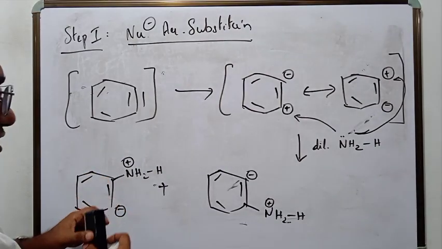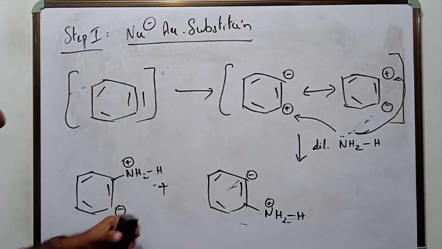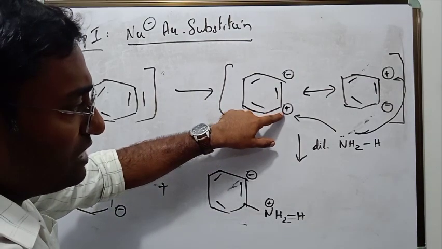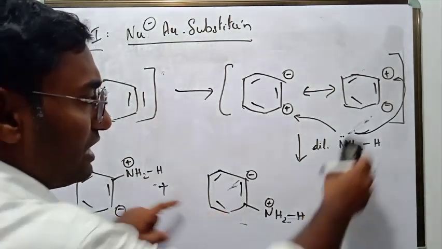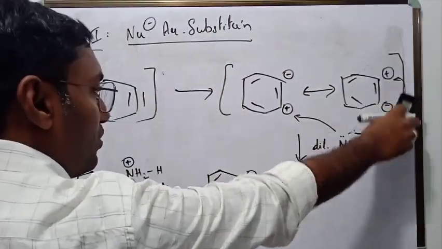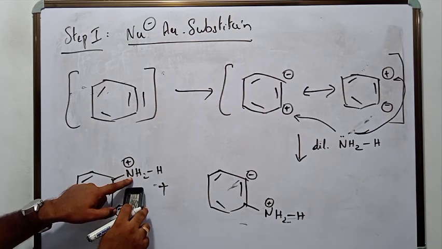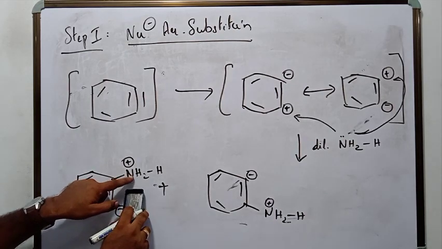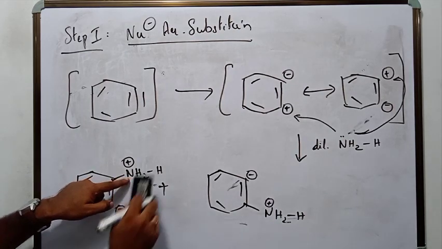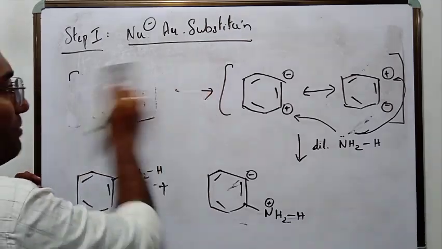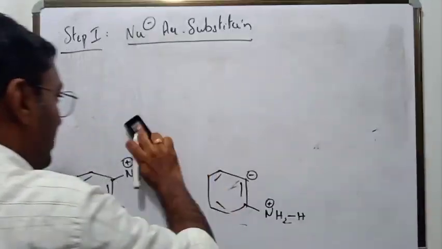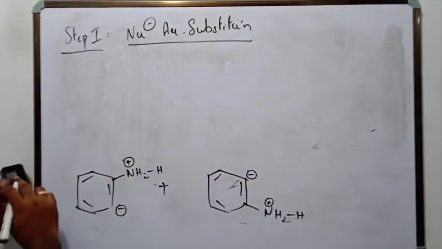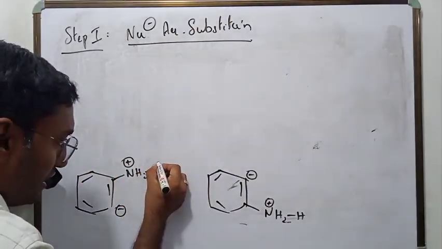If it attacks the positively charged lower lobe, then of course nucleophile will come here, and if it attacks the positively charged upper lobe, then the nucleophile comes at the upper lobe, right? So now let us see what would happen. So now what can happen, your H, it can go here.